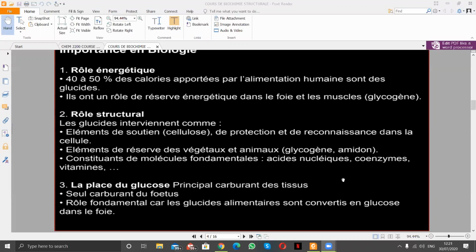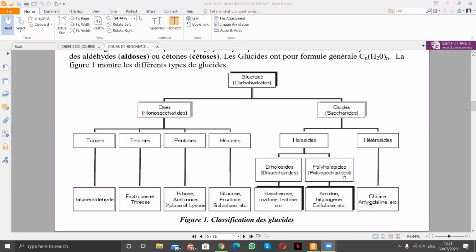We go to classification. Carbohydrates are classified in 3 major categories. This classification is based on the number of monomers, monomer unit, and the degree of polymerization.